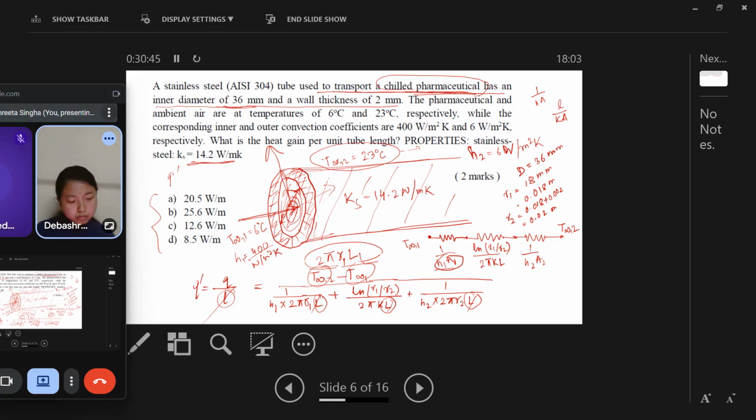What will be the unit for resistance? Meter by... It will come out to be Kelvin by watt. So it will always be Kelvin by watt.